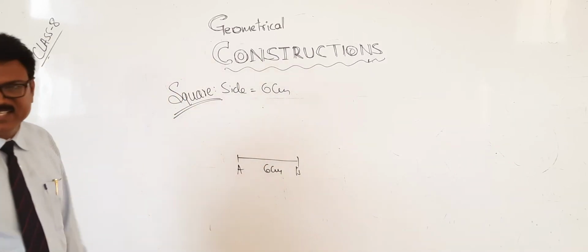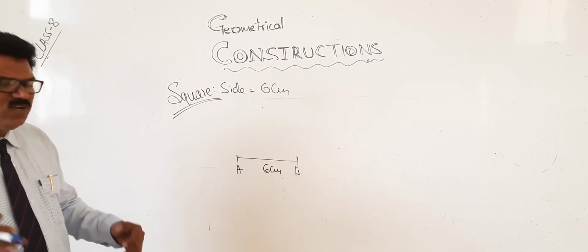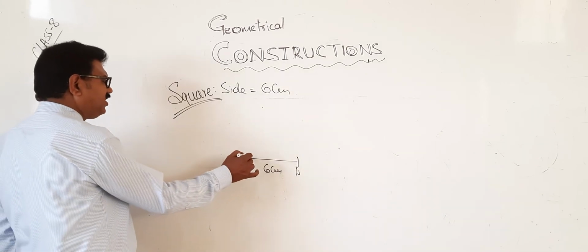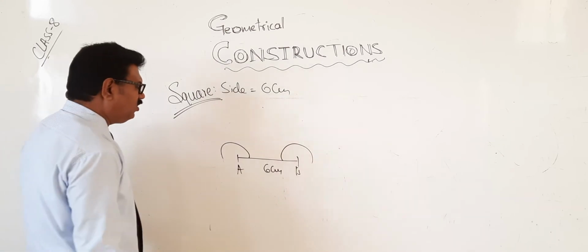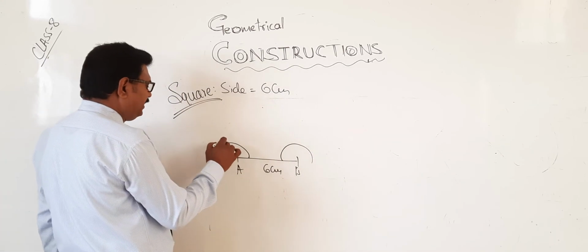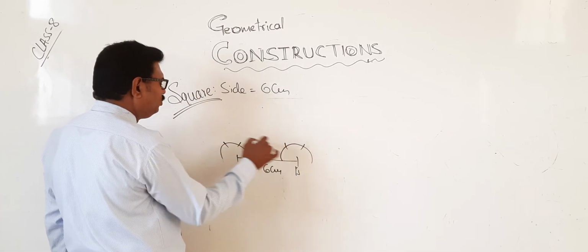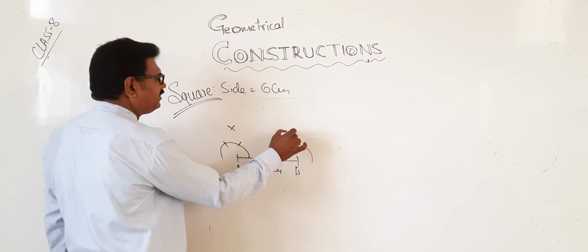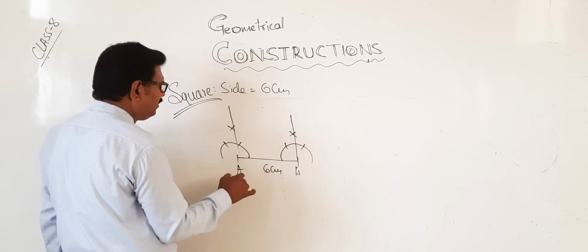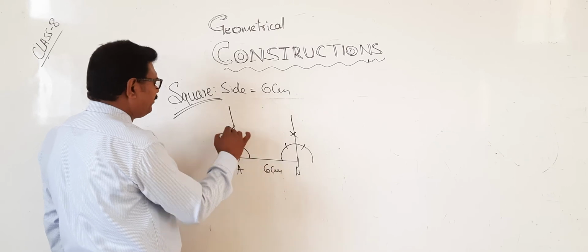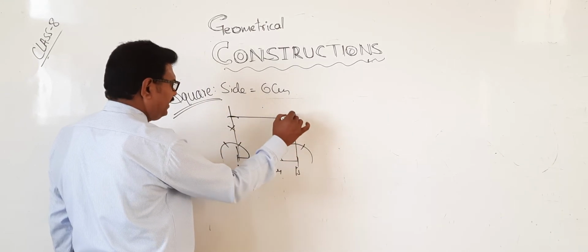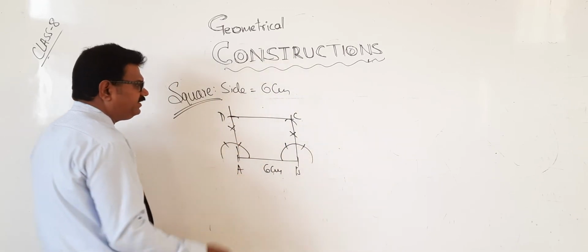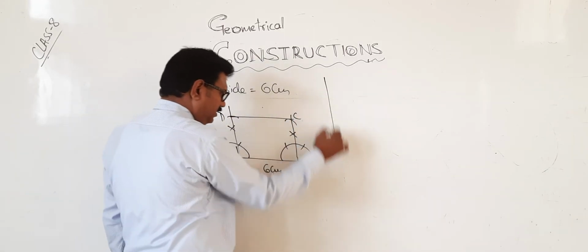We know that in a square all sides are equal and all angles are also equal. Again like this, again like this. 6 centimeters means over. Therefore, ABCD is a square.